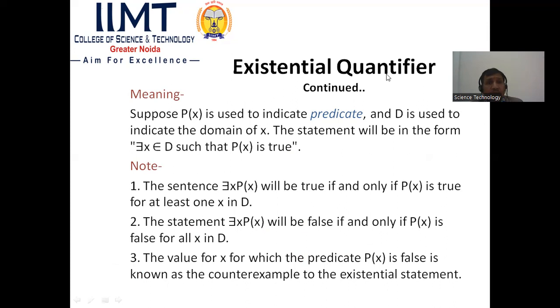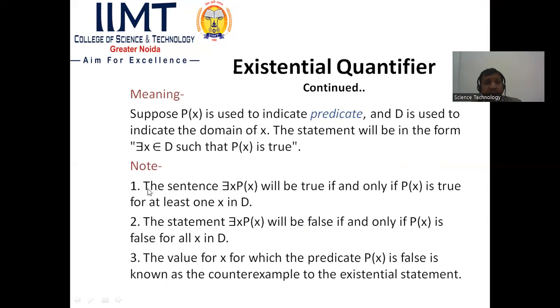The meaning of the existential quantifier: suppose P(x) is a predicate or an open statement or open formula, and D is used to indicate the domain of x, that means the universe of discourse. The statement will be of the form there exists x belonging to D such that P(x) is true.